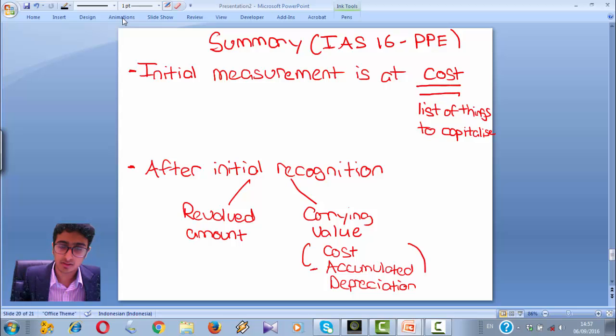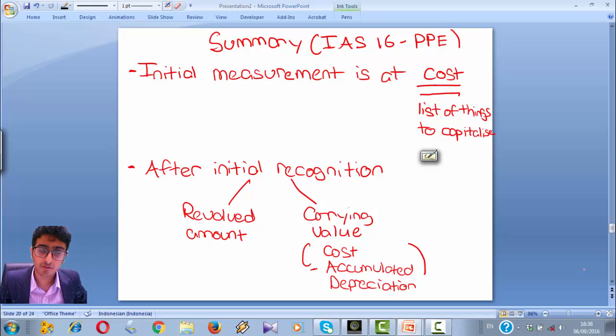Please remember from the previous slides what enters the changes in equity, what enters the profit and loss, what enters the financial position. Now, after this summary, we are going to start with something new.